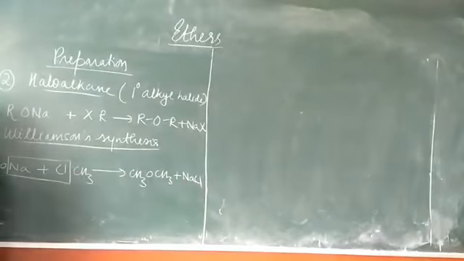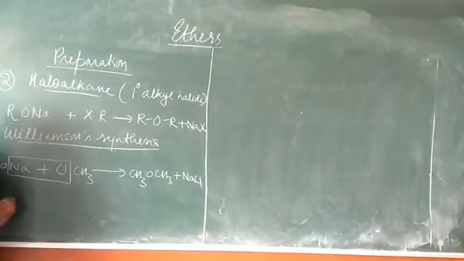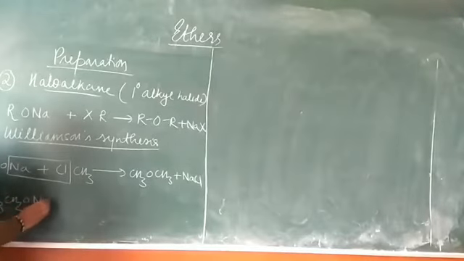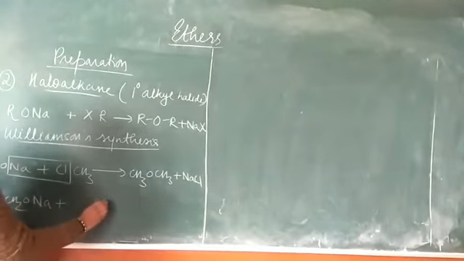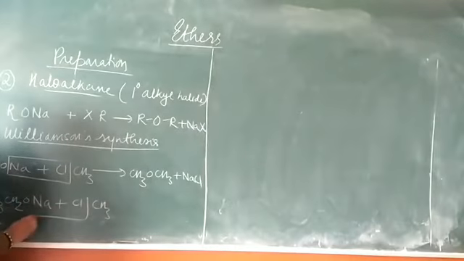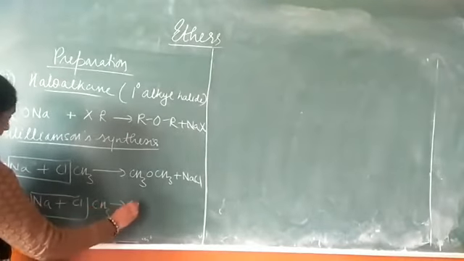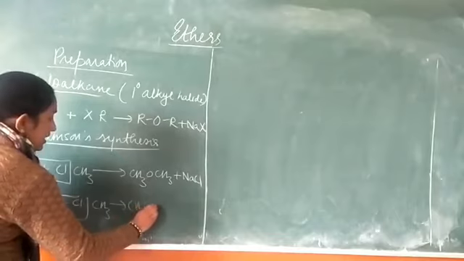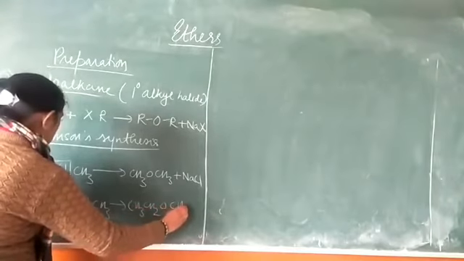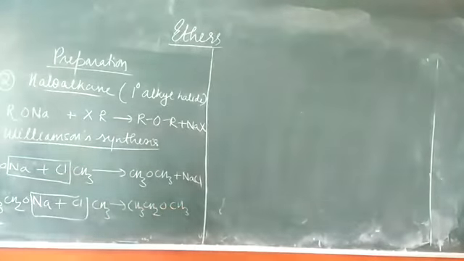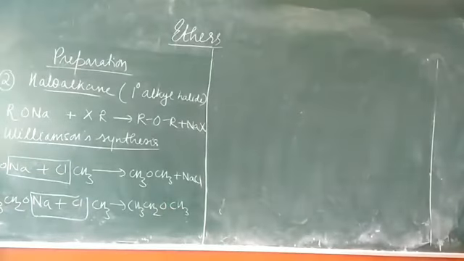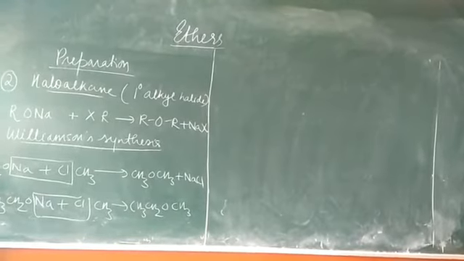Or if we have CH3CH2ONa plus CH3Cl, we can get the unsymmetrical ether CH3CH2OCH3. So by this method, through Williamson synthesis, we can prepare both symmetrical as well as unsymmetrical ether.